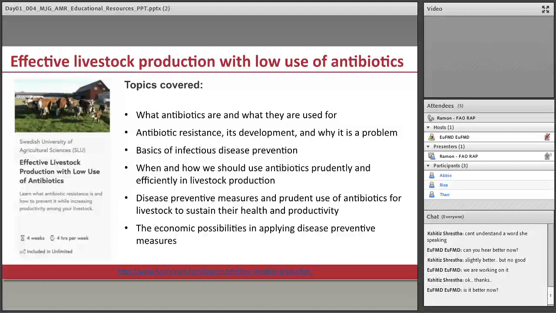So this particular learning site talks about what antibiotics are, what they are used for. It talks about antibiotic resistance, its development, and why it is a problem. It talks about the basis of infectious disease prevention, because this will be, as future veterinarians or as veterinarians, our core responsibility to the world. How to prevent and control disease.